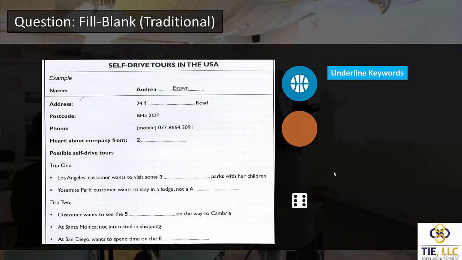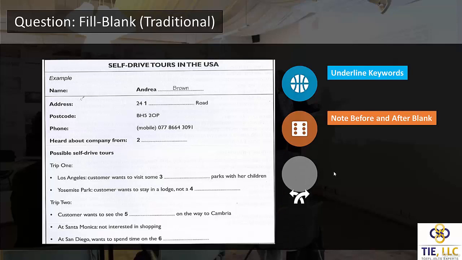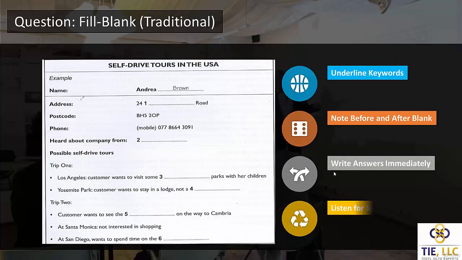So as I said, you have a fill the blank traditional question type. And this is where you have just blank lines that you have to fill out. There's some language before the blank line, such as number 2 that you see here on the screen, or like number 3, where the blank line is in the middle of the sentence. But the strategy for a traditional blank line question is very straightforward.